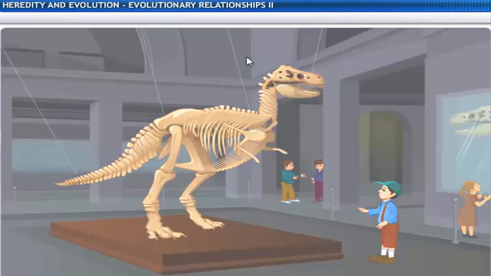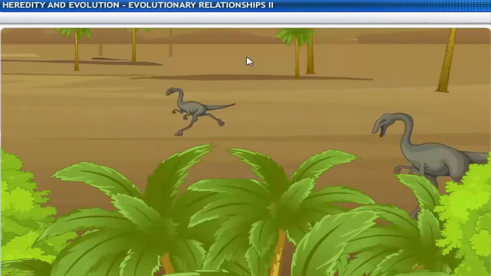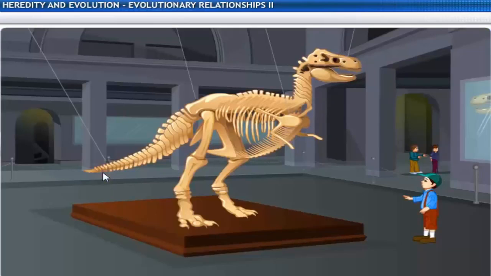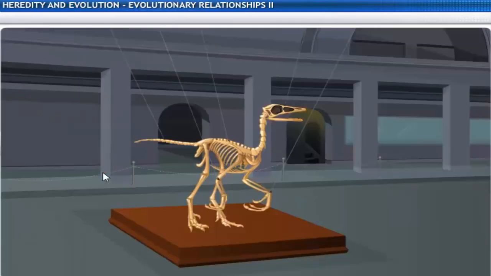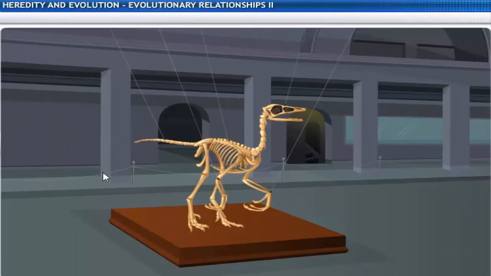Millions of years ago, on Earth, lived huge gigantic animals called dinosaurs. In the process of evolution, all these huge gigantic animals became extinct. Using the remnants of these dead animals to compare against the characteristics of existing animals, evolutionary relationships were developed.